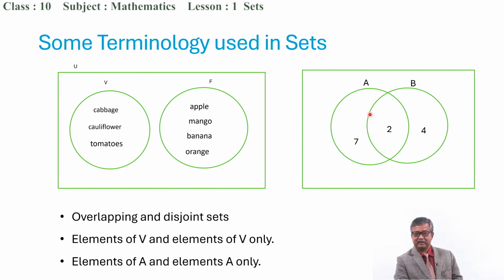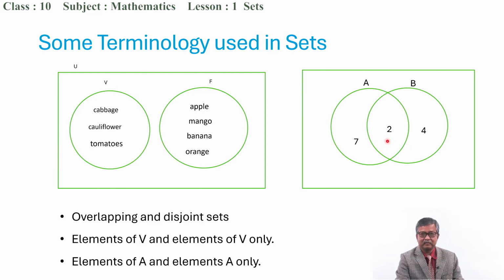But in the next Venn diagram, there are two sets where one set is overlapped by another. Overlap means what? Look at this part. This part is contained in set A and also in set B, where one element is 2.